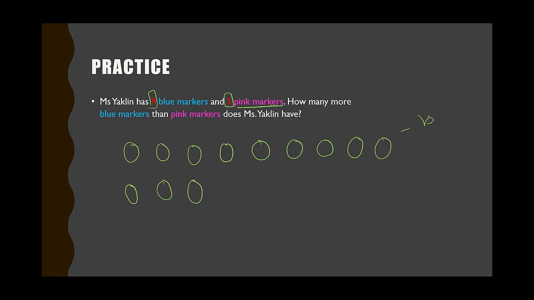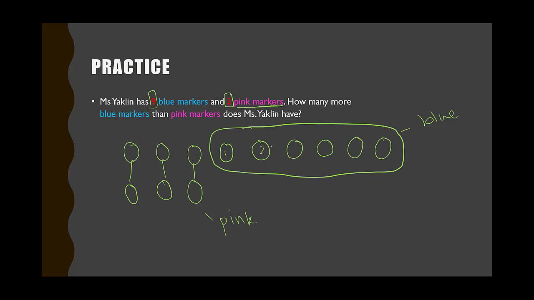So these are our blue markers, and these are our pink markers. And we're going to make some pairs. So let's make some pairs. 1, 2, 3. So there's 3 pairs. Then we're going to circle how many are left over. And then we're going to count them. 1, 2, 3, 4, 5, 6.